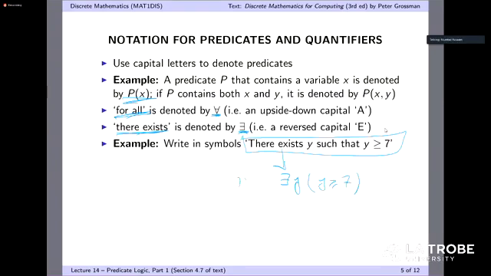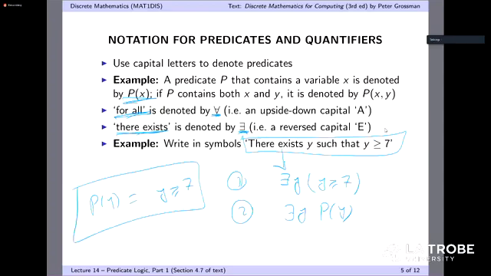This is one way of writing. And the other way of writing is there exists y such that Py. What is Py? Where Py is equal to y greater than or equal to 7. It's just that predicate. There is only one variable here, y, and we write it in this form.